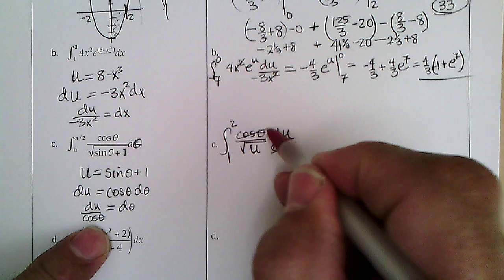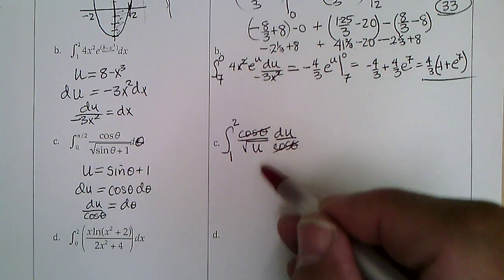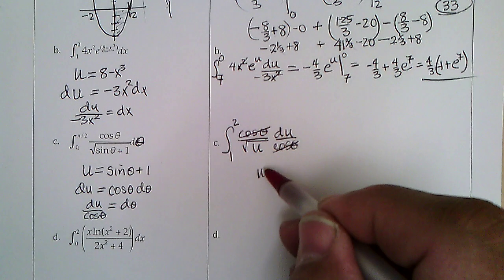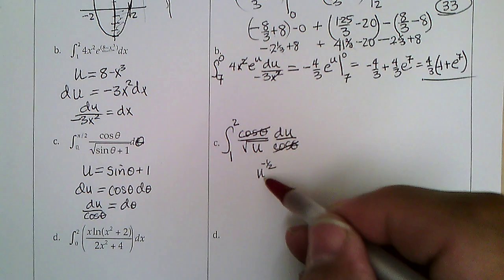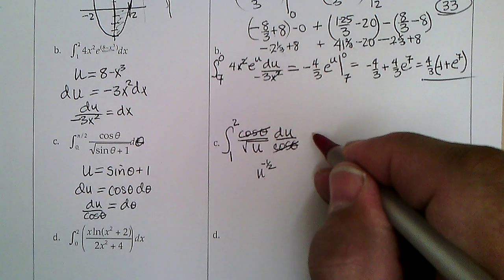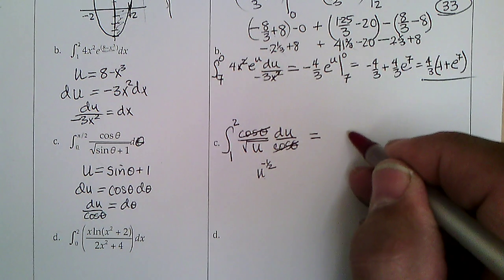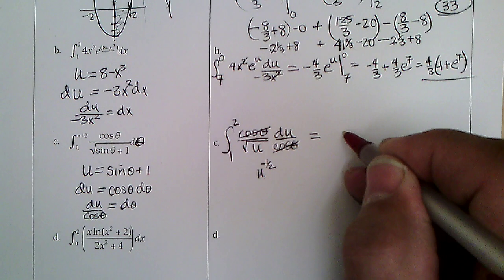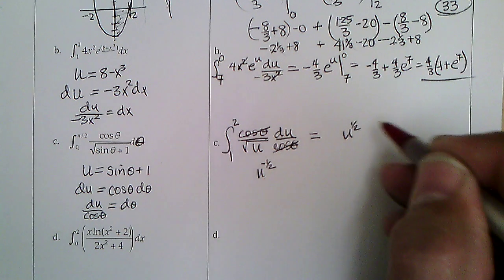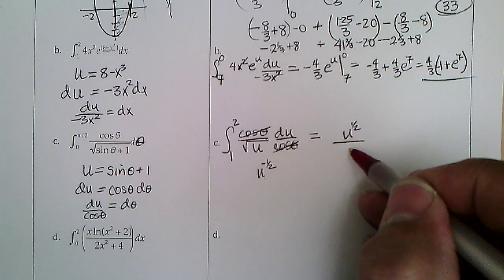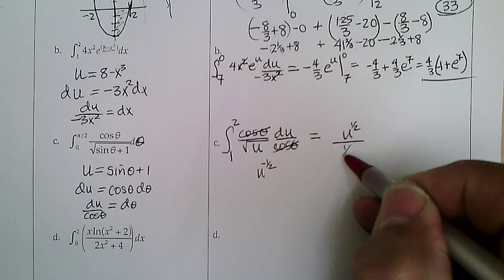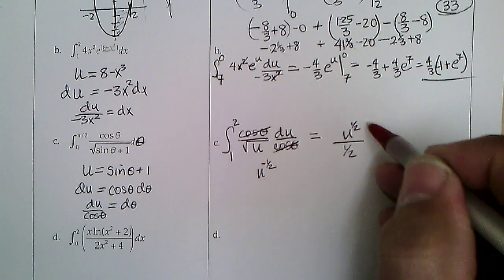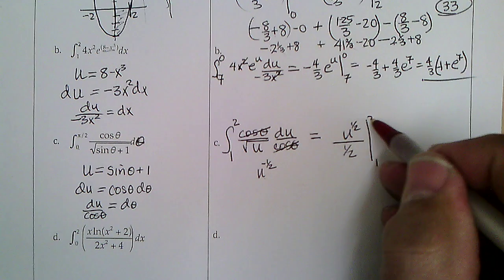These cancel. So this is just u to the minus 1/2 because it's in the denominator. So if I integrate that, that becomes u to the 1/2 divided by 1/2 evaluated from 1 to 2.